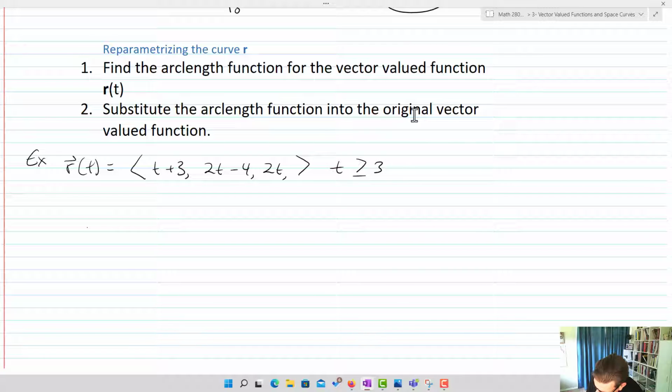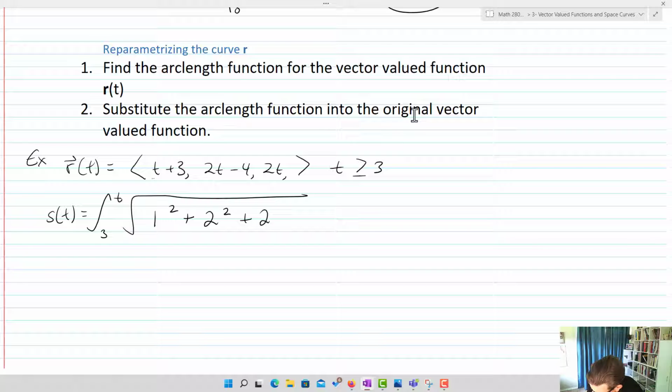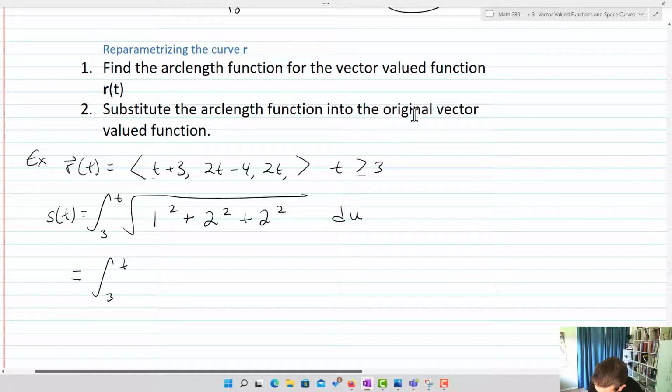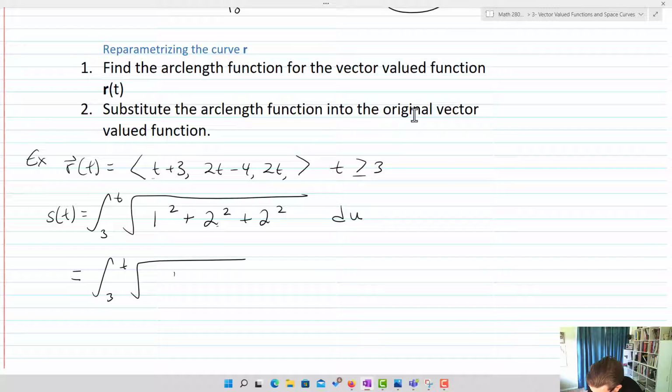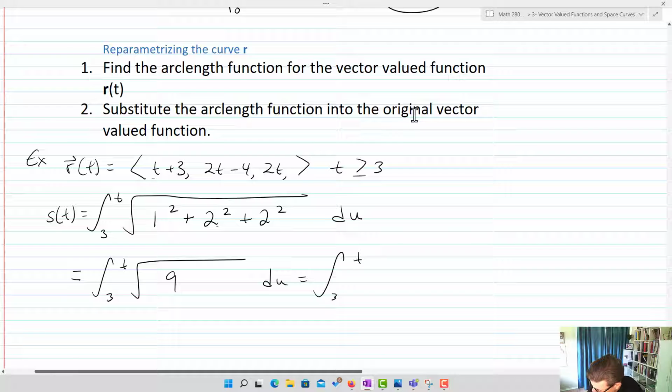So what we'll do is find our arc length function. We're going to go from 3 to t, so we're looking for s of t. It's going to equal the integral of the square root of 1 squared plus 2 squared plus 2 squared du, using our dummy variable u. That then equals the integral from 3 to t of the square root of 9 du, which is just 3 du.